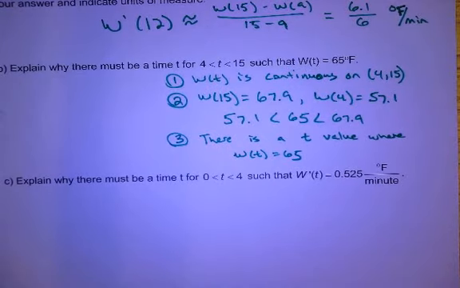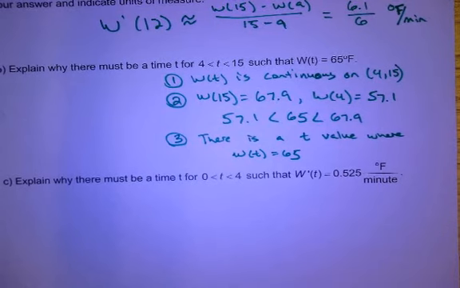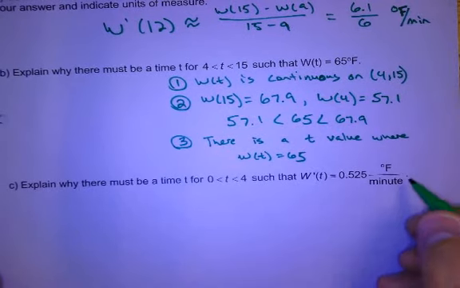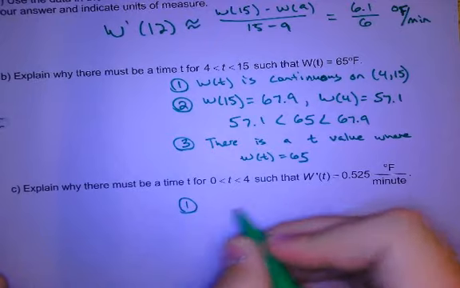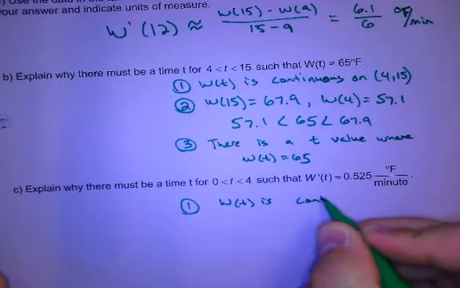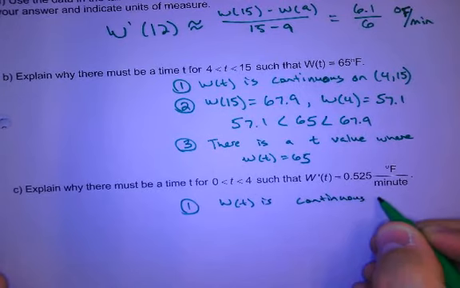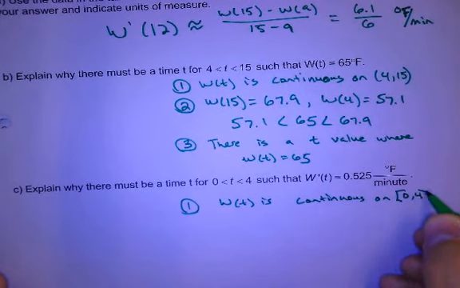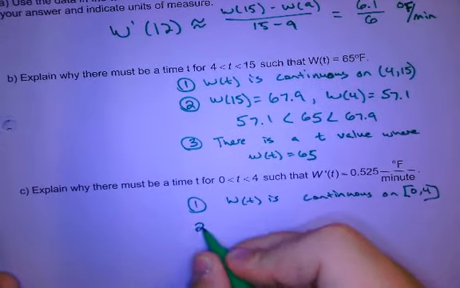Alright, and then part C, explain why there must be a time such that W prime of t is equal to that. This is going to be MVT. So MVT, we say that W is continuous on the interval. Is that interval absolutely necessary at the moment?